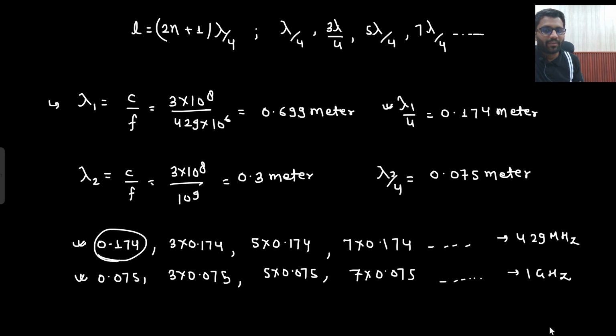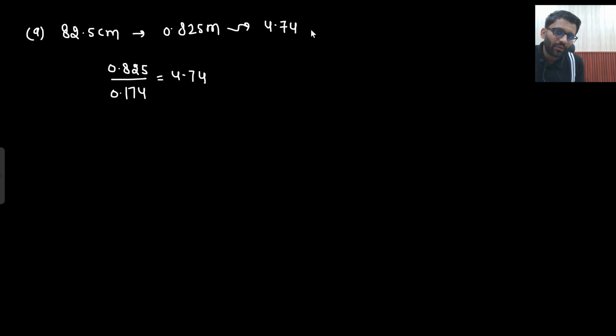First I will see whether this one is happy with this length or not. Basically what I am going to do is 0.825 divided by 0.174. What am I getting? 4.74. That means this length is 4.74 times lambda 1 by 4.